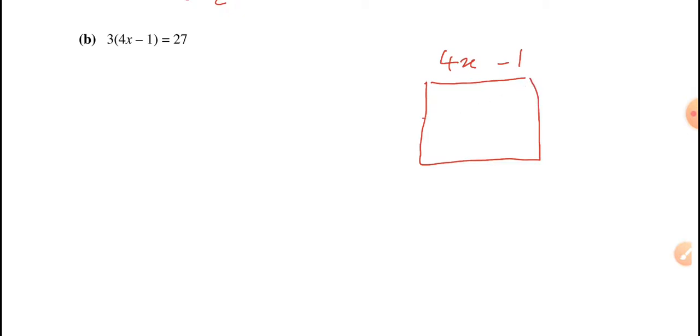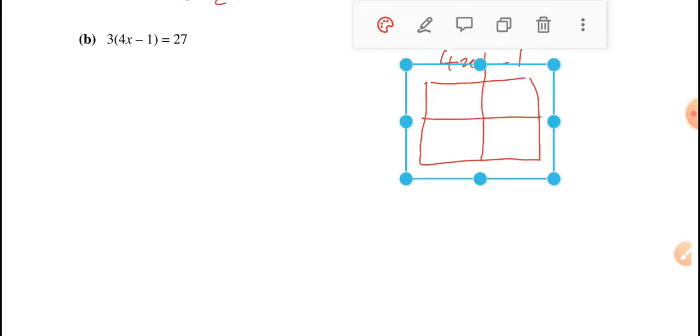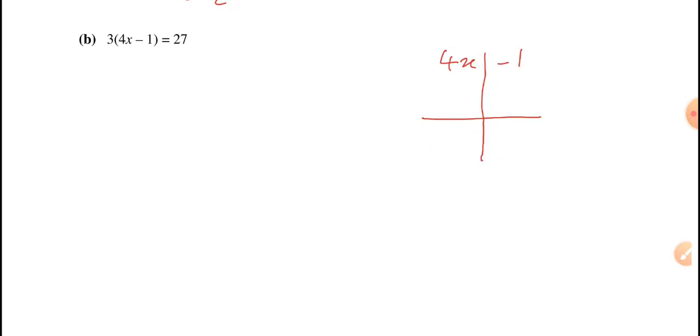I'll just draw a grid like that. Now if it was a double bracket I would need all of that, but because it's not a double bracket I don't need all of that. With the single bracket we can just have it like this, and the 3 from here just comes here.